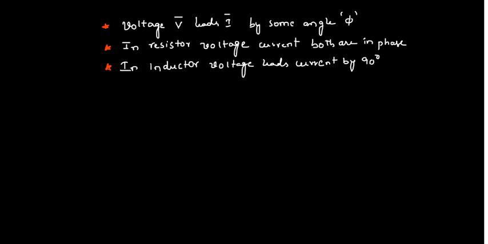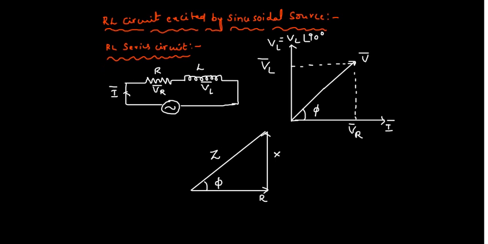When the resistance and inductance are combined together, the voltage leads the current. Keep in mind that you have to make a clear differentiation: the current is lagging if you take V as a reference, while if you take the current as a reference, then the voltage is leading the current.